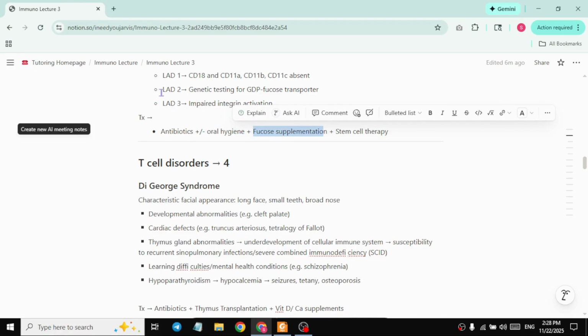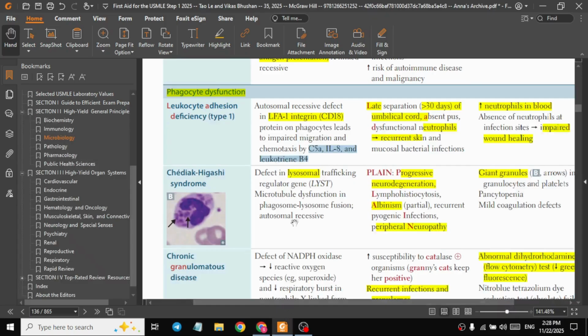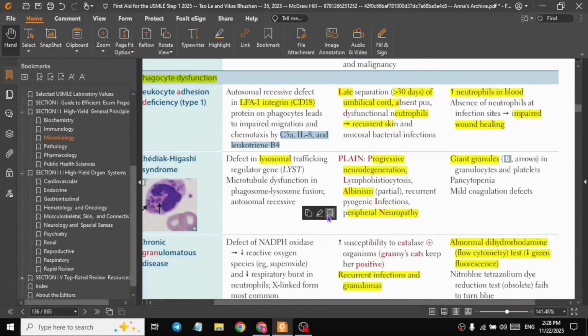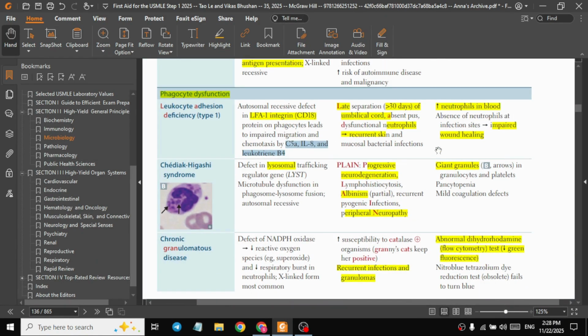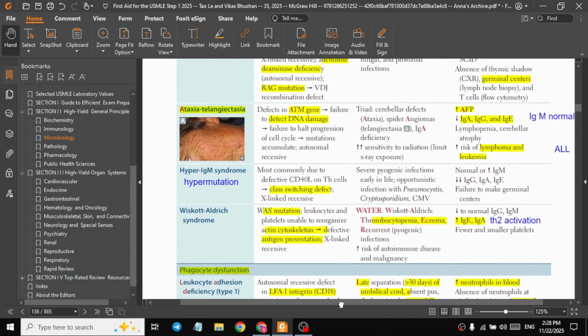Fucose supplementation for these guys, LAD type 2, and stem cell therapy in general for all of these guys. Okay. So now we just finished these three disorders. Once you understand the whole cascade, you should start to differentiate amongst these three. Okay, and if you see the questions, you'll definitely start to remember why.